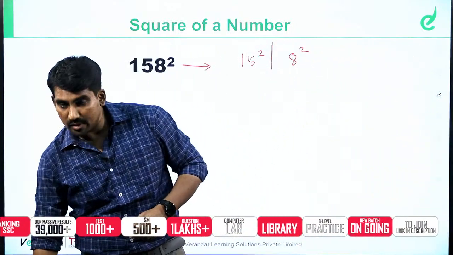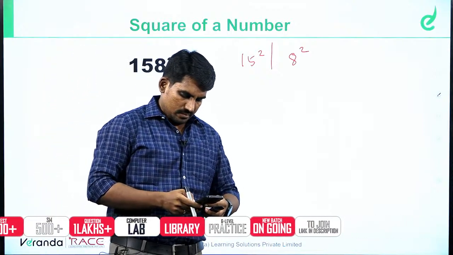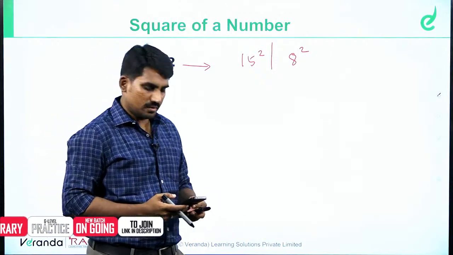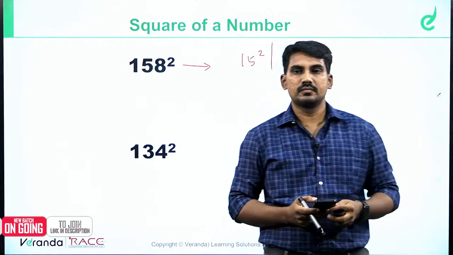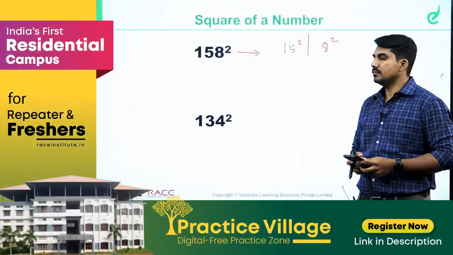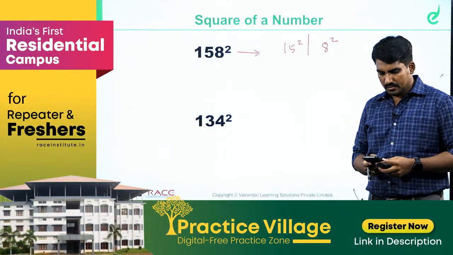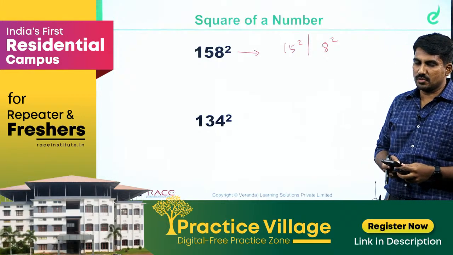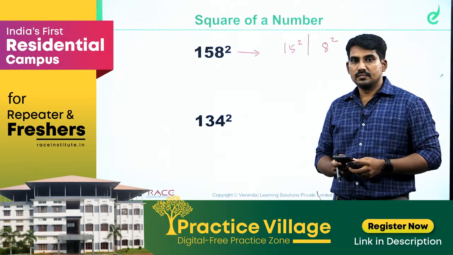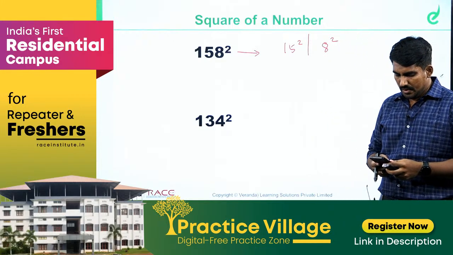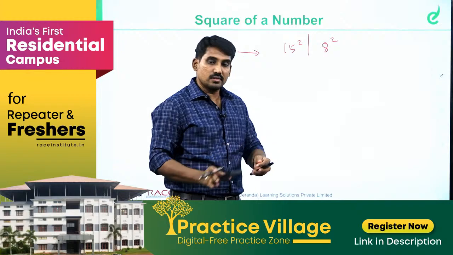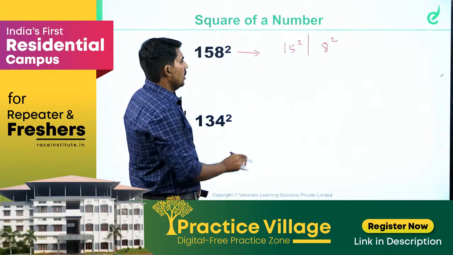Good, Sherin got the answer. Others? Trying? Okay. Now, 15 square.